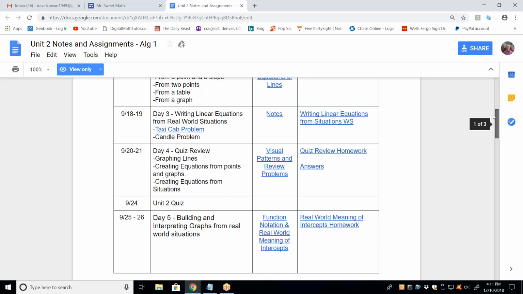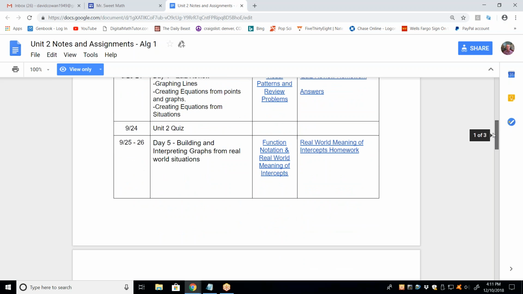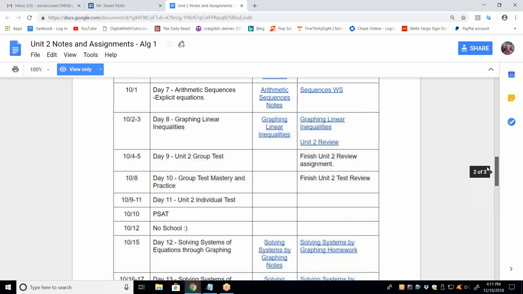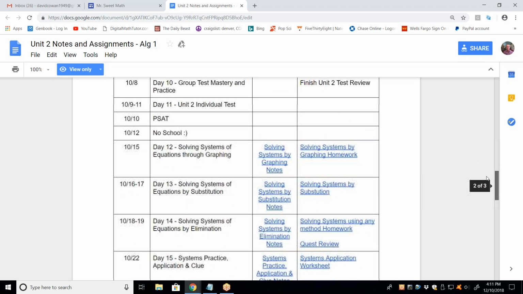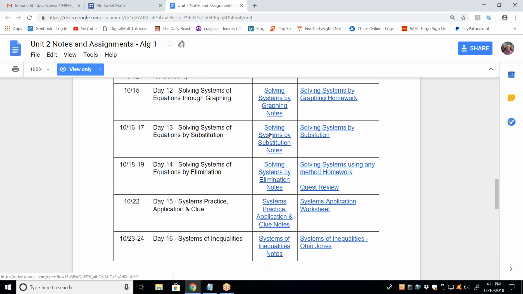Do you know what date is on it on the left side? I see it. Solving systems by graphing notes, solving systems by substitution, yeah, the 16 and 17 one. Okay, which one do you want me to click on? The homework.